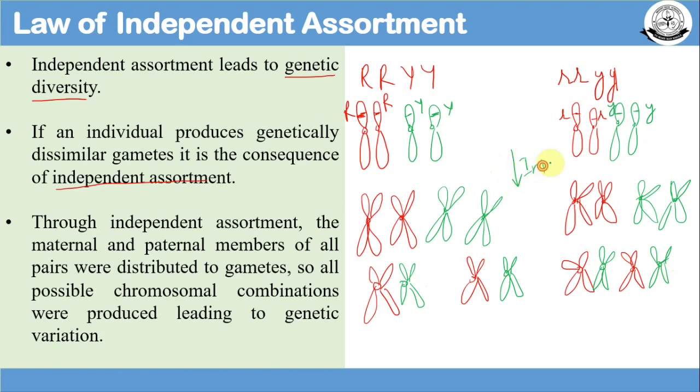Okay, so this was interphase, and then we have meiosis 1, and from here meiosis 2. And when meiosis 2 happened, then we have a separation of sister chromatids, isn't it?